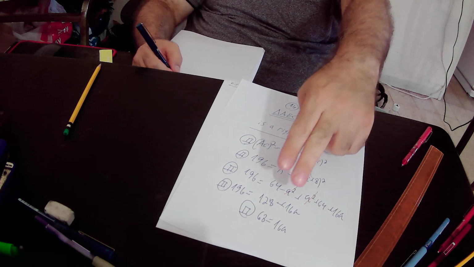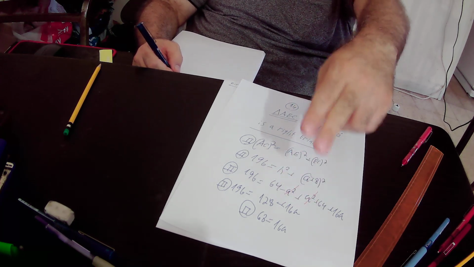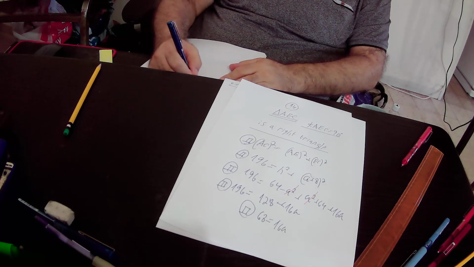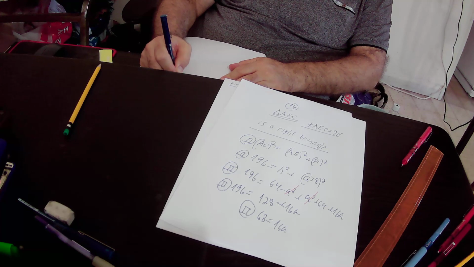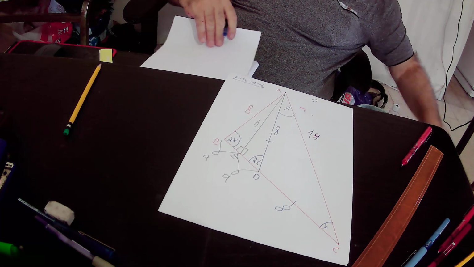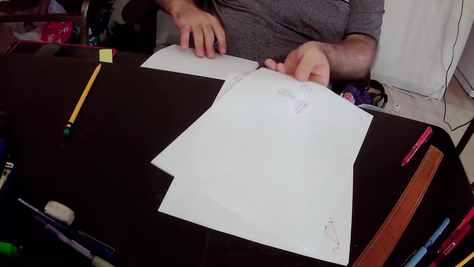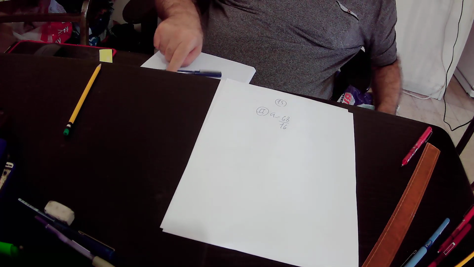Here we will divide the equation by 16 in order to get the value of A. So A equals 68 over 16. Okay, we got that A equals 68 over 16.